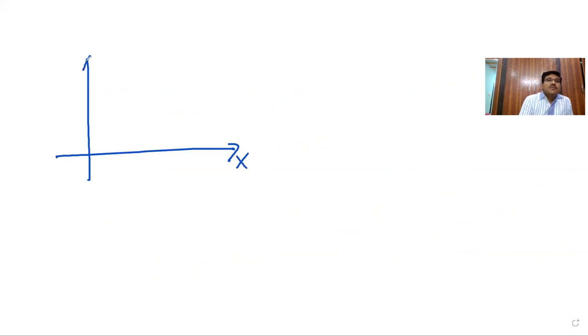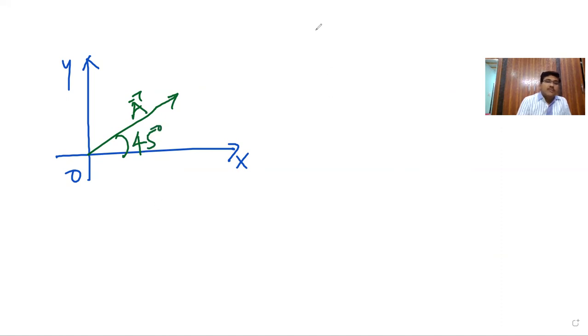Let me take up the help of the xy axis, x-axis, y-axis, origin. First vector is A bar, inclined 45 degrees. So this is A bar, 45 degrees angle with respect to x-axis.